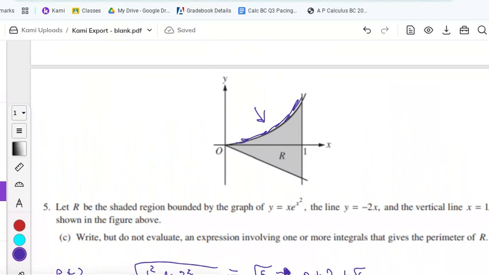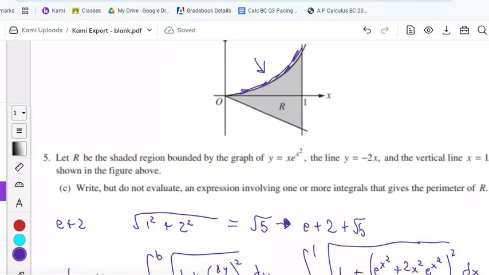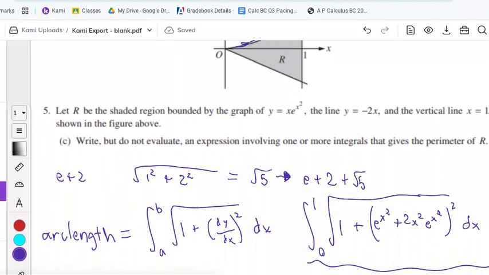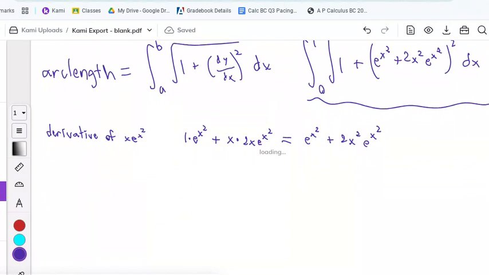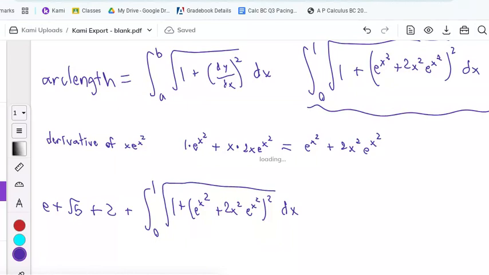Now that we have that, we can add it to the lengths of the other curves that we found from earlier. And that will give us our final expression. Because the question does not ask us to solve the integral, we just have to set it up. That will be our final expression. We don't have to solve this.